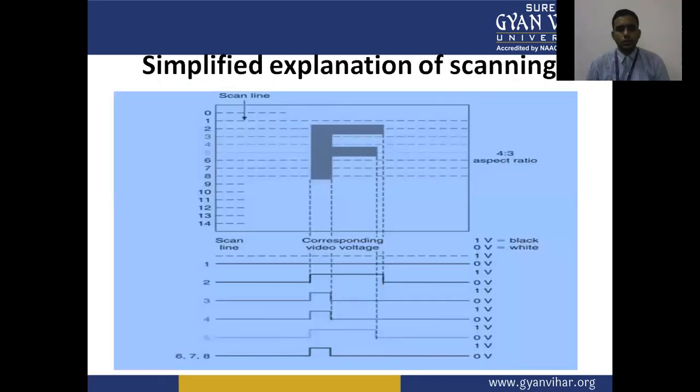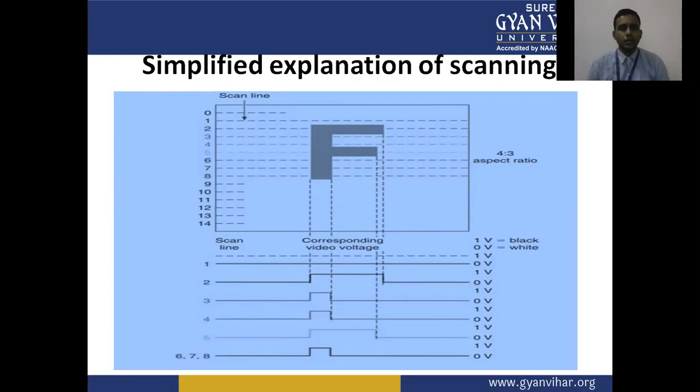In the next section, we have a simplified explanation of scanning. By this picture, you are able to understand how the image is scanned.